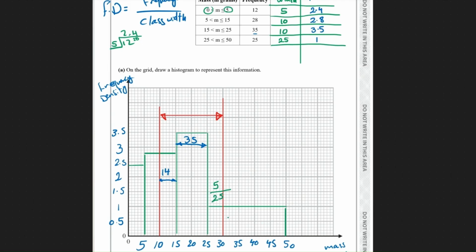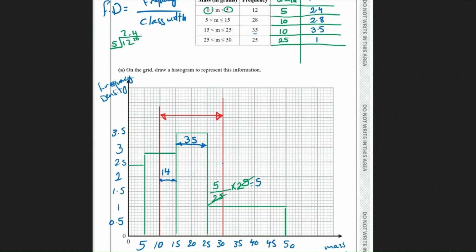And what is the frequency of the whole thing of this one? It was 25, isn't it? So I'll use 5 out of 25 of the frequency of this width. So it would be times the frequency of the whole class width. And 25 cancels 25, that means here would be equal to 5.